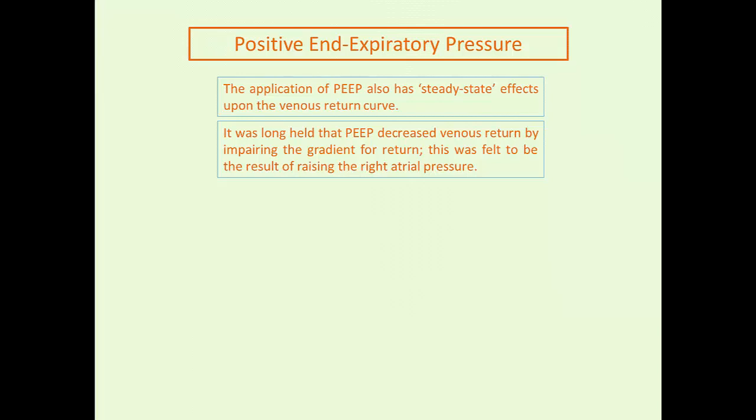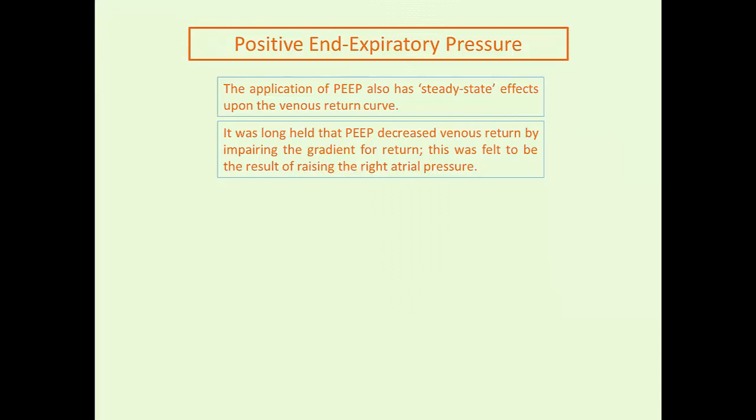When you increase lung volume and compress the venous capacitance beds, it actually augments systemic venous return. So even though you're increasing the back pressure to venous return, which would tend to decrease the gradient, I agree, you're also increasing the pressure head, which tends to augment venous return.